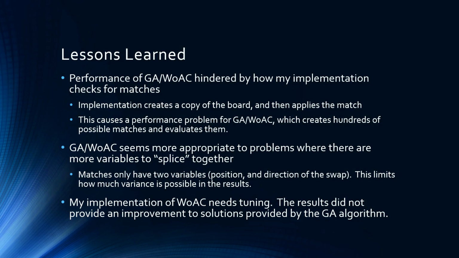So, some of the lessons learned. Performance of the genetic algorithm is hindered by how my implementation checks for matches. The difficult part is that it creates a copy of the board and then lets it run through that match to see whether it creates more matches.